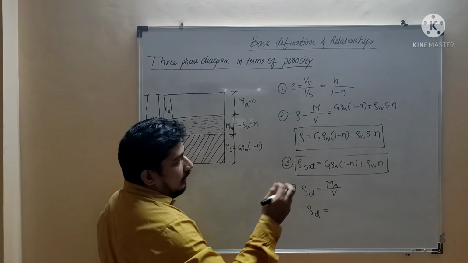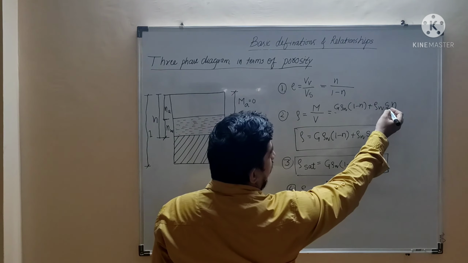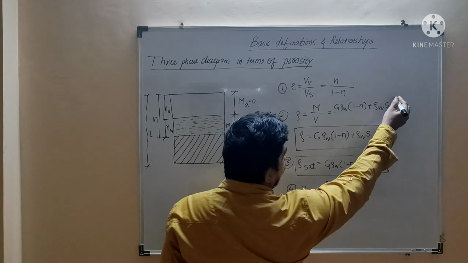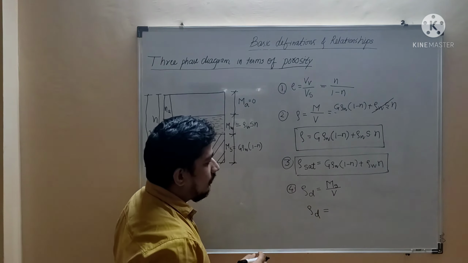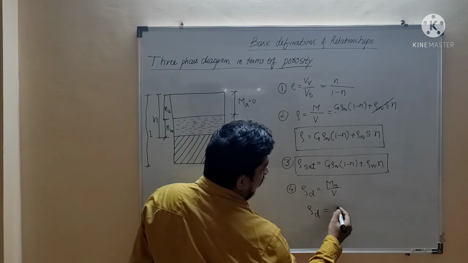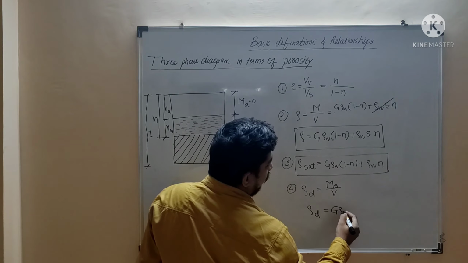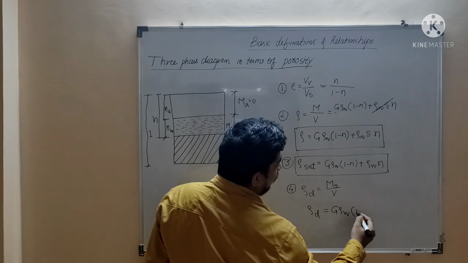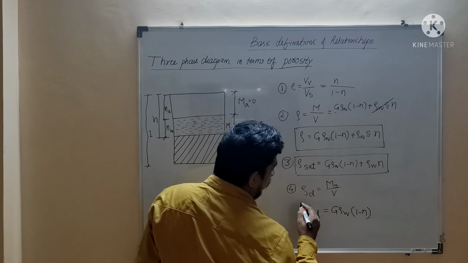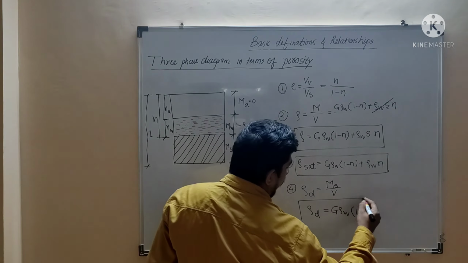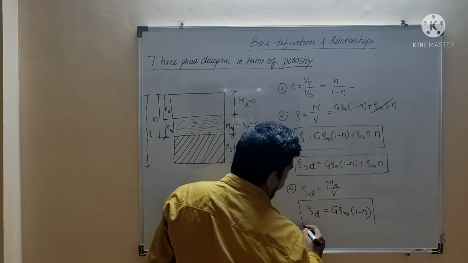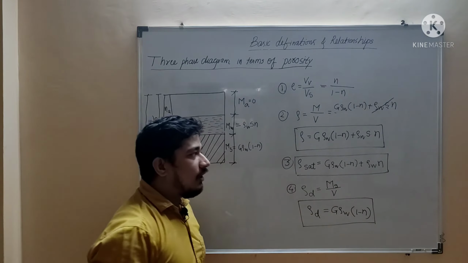So if we put S equal to 0, this term is eliminated, and rho d will become G multiplied by rho w multiplied by 1 minus n. This is the simple formula for dry density of a soil mass.